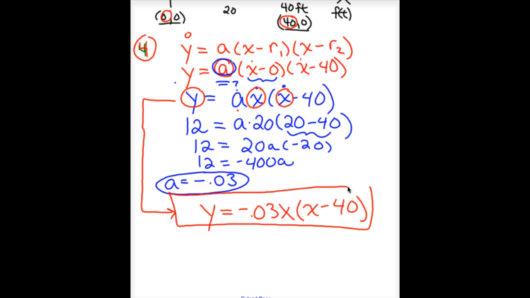You'll notice that this will give me x-intercepts of 40 and 0, and my vertex would be at 20, 12.